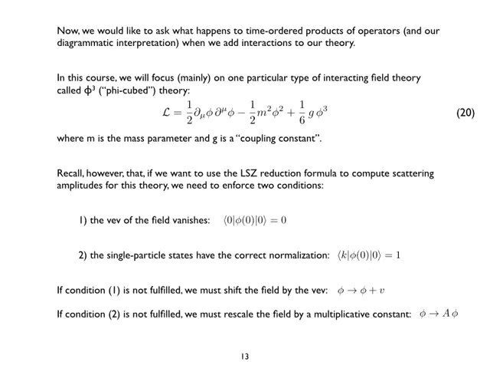To ensure them, I can, in general, shift the field by the VEV, so that even if the VEV is not 0 when I compute it, this shift will cancel it off and give me 0. And to ensure the correct normalization, I can scale the field. Both of these don't affect the physics, and we talked about that a couple lectures ago.